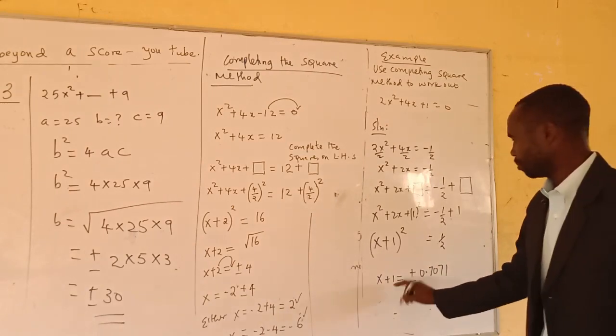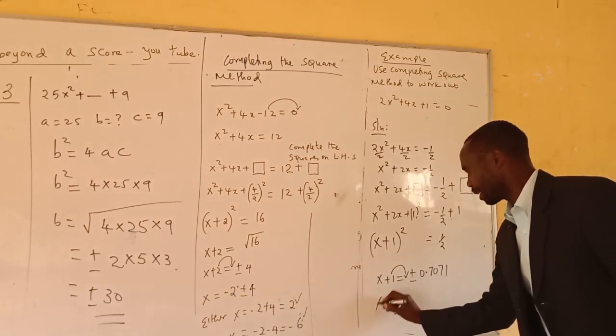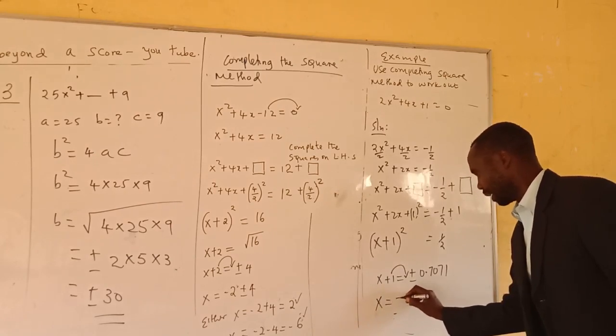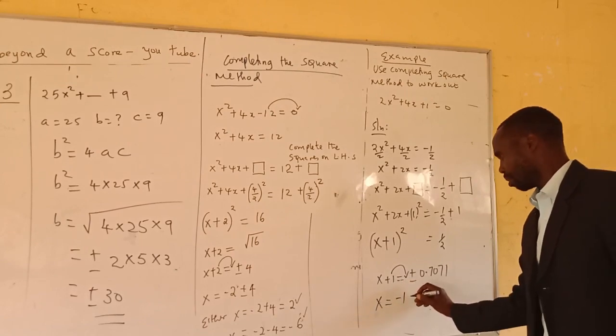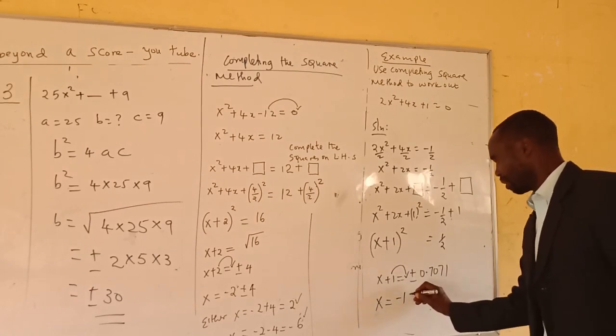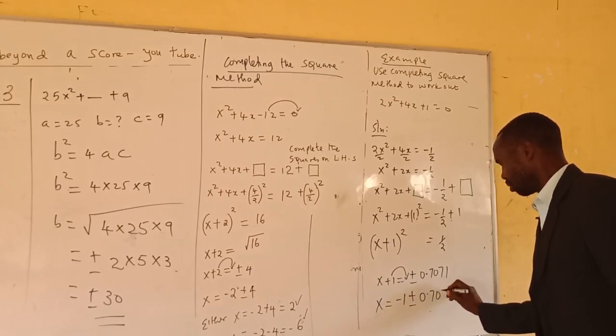Then this one is brought here to have x equals negative 1, because it crosses the equal sign, plus or minus 0.7071.